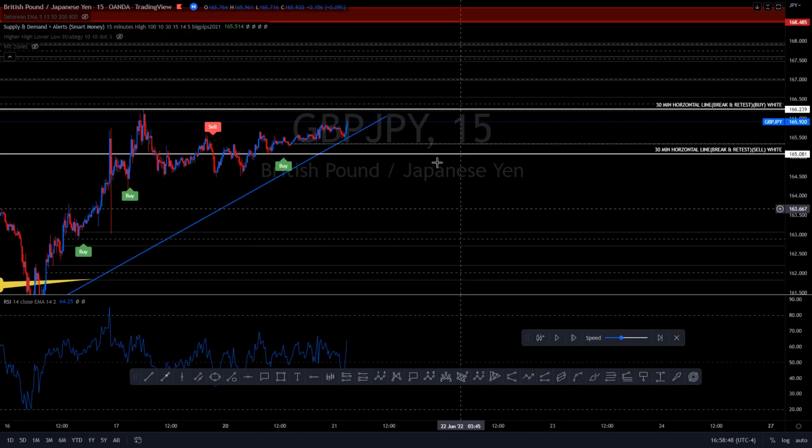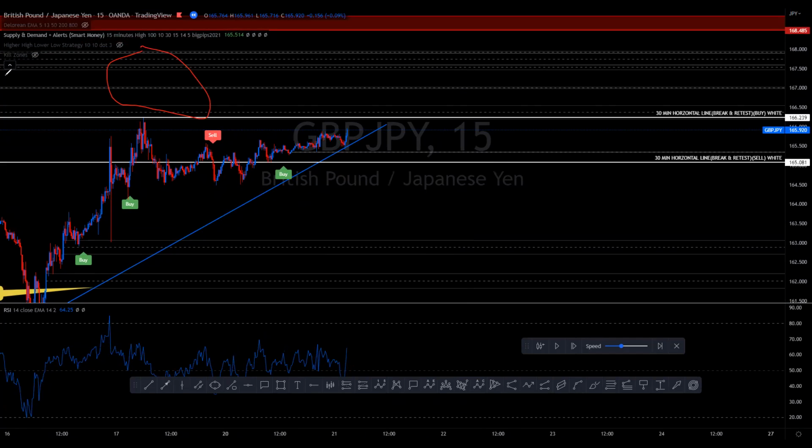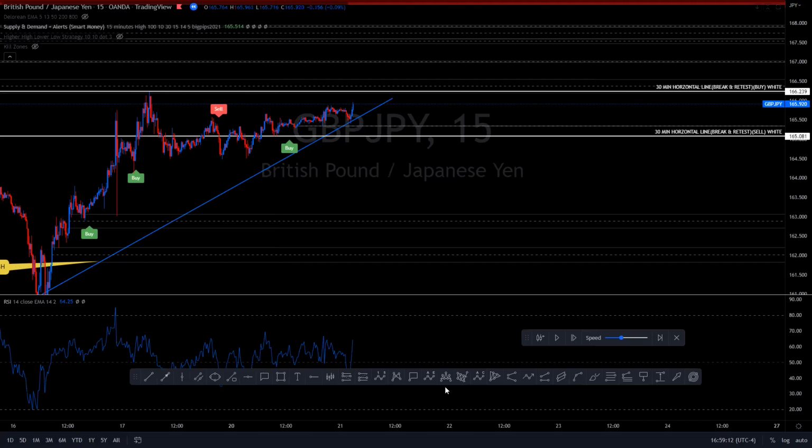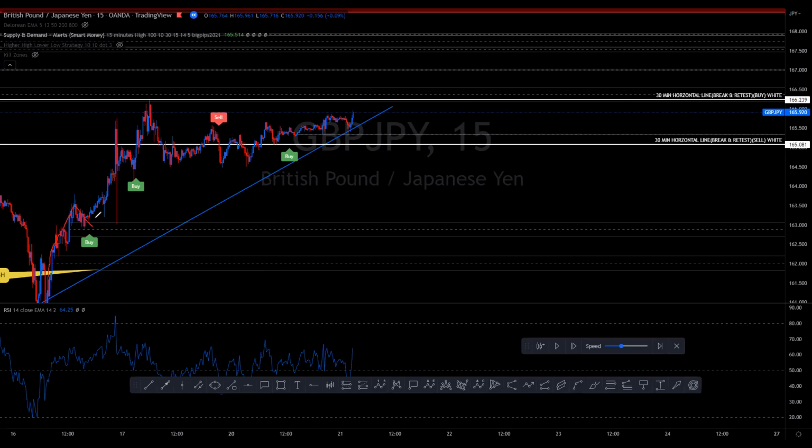Here, we can see there are imbalance gaps, which are probably a result of a big down move previously. If we go all the way to the left, we see some imbalance moves that resulted from going to the upside. Imbalance gaps are just a result of the institutions putting in huge buy or sell orders and making price go up really fast or down really fast.